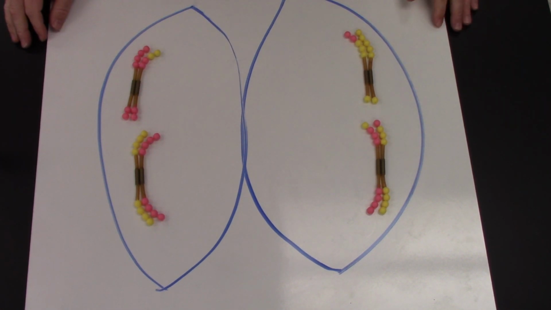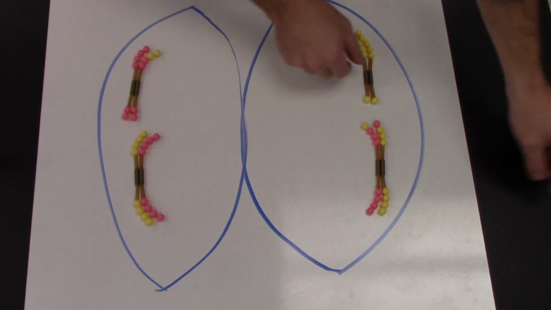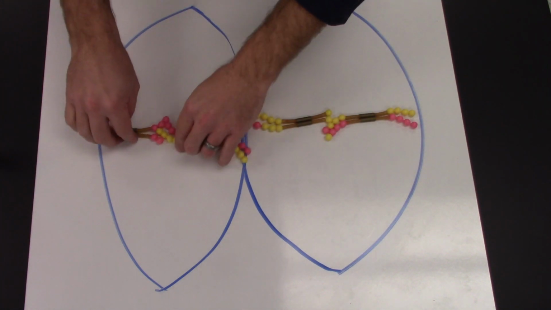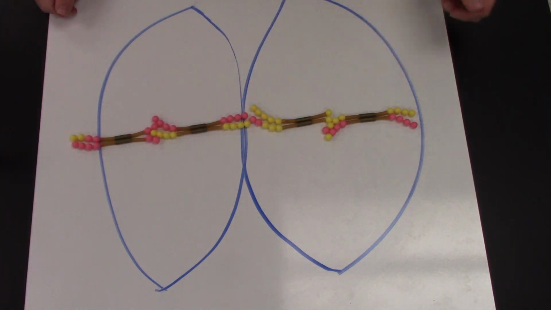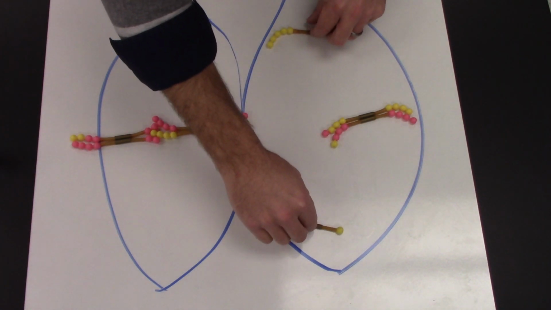Now we go into Meiosis II. In Meiosis II, there is no DNA replication and there is no crossing over. Instead, we go into prophase, metaphase, anaphase, and telophase again. So let's show that. Line them up in the middle for the metaphase. Go into anaphase and pull them to the opposite ends of the cell.